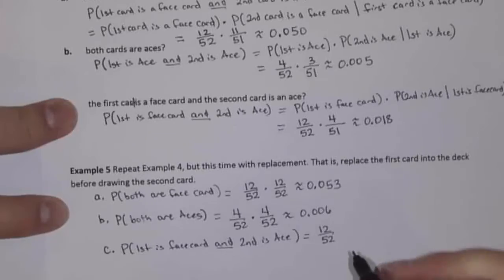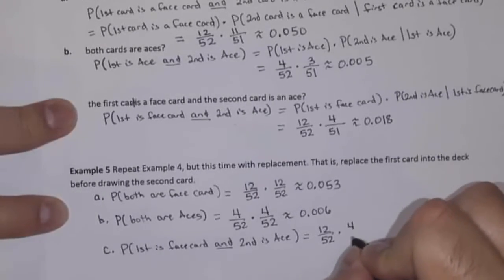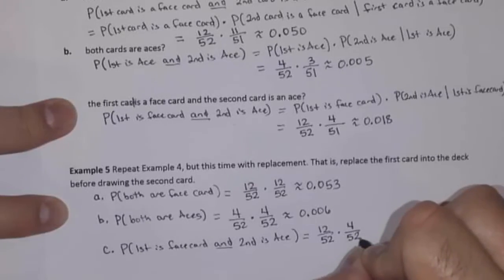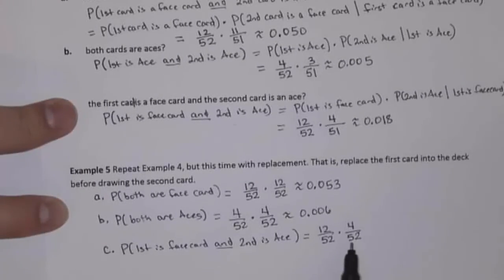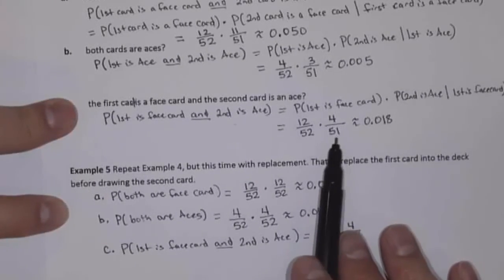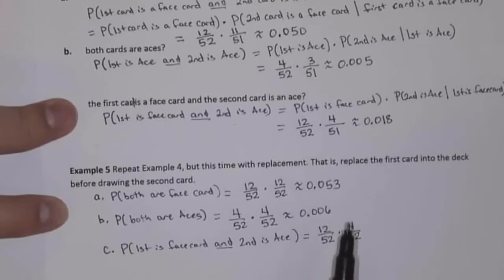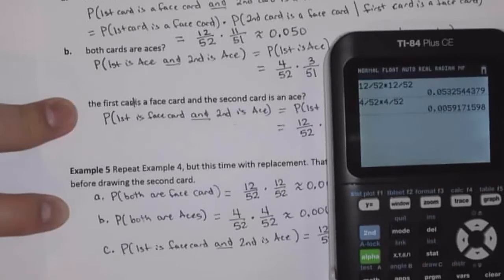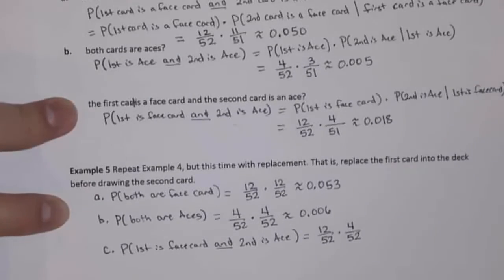And if we replace that card, the probability the second card will be an ace will be 4 out of 52. So the difference here is that if I replace the card, there's 52 cards here instead of 51. So if I pull in my calculator, 12 out of 52 times 4 out of 52, that is a 0.018 probability.